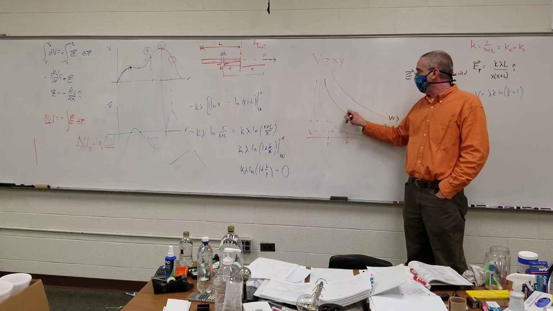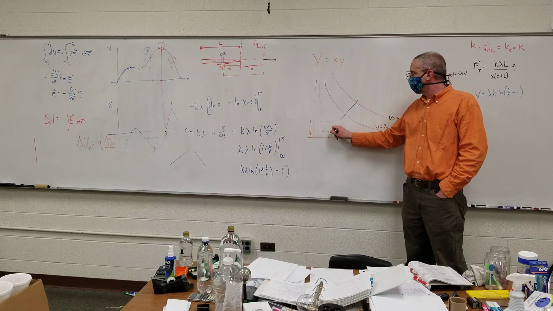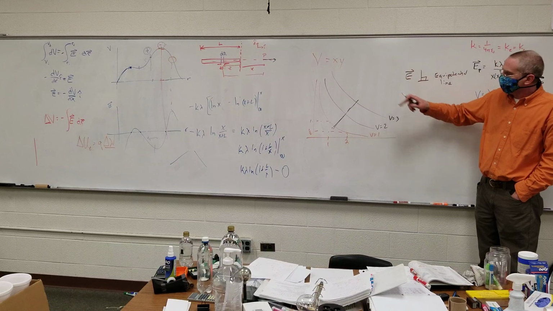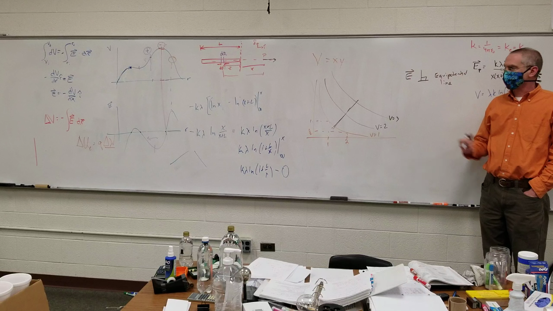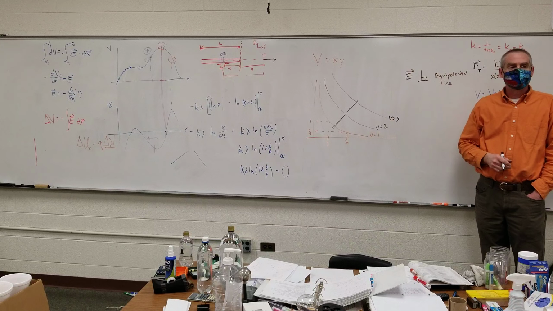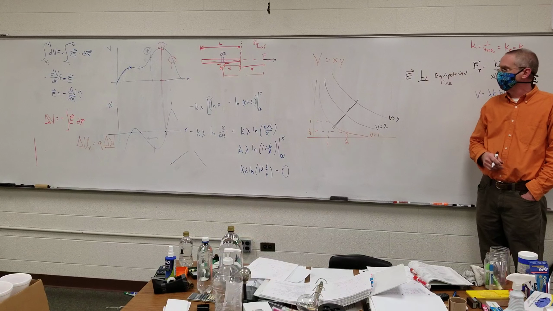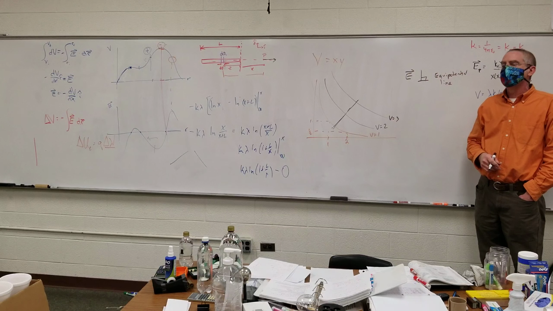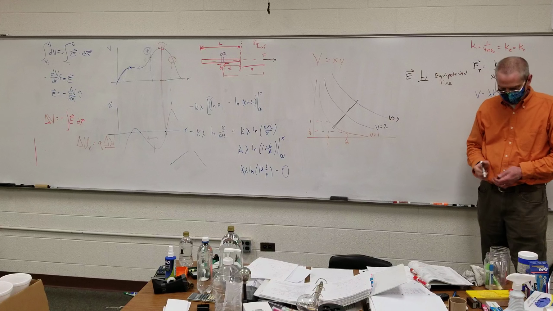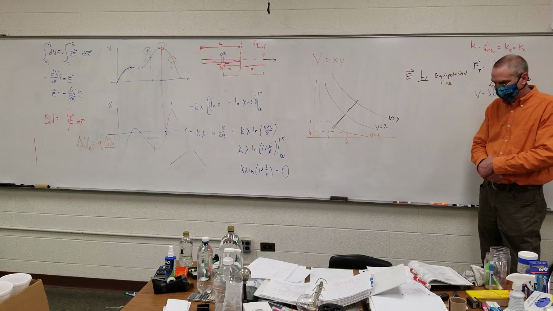So along here, it's somewhat perpendicular. Which way is that electric field going to go? Is it going to point outwards or, sorry, away from the origin or towards the origin? Towards. Why? Because as the voltage is getting bigger, your electric field is getting more negative.